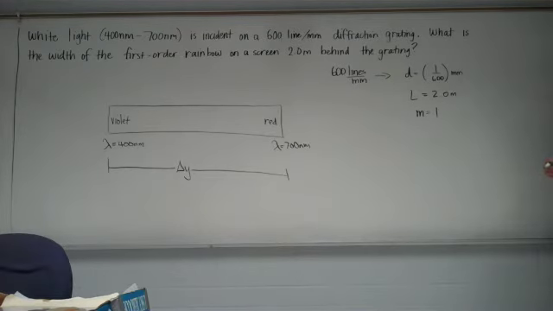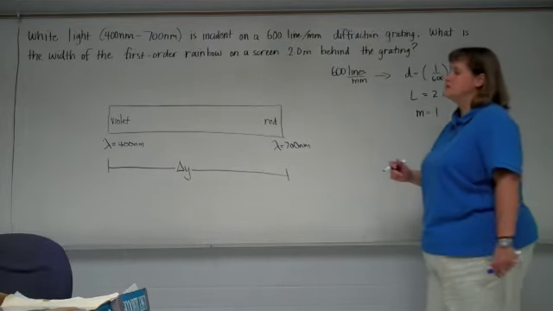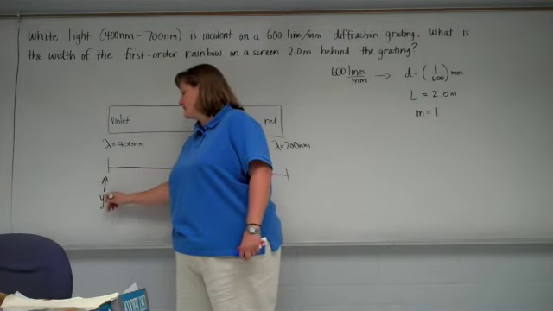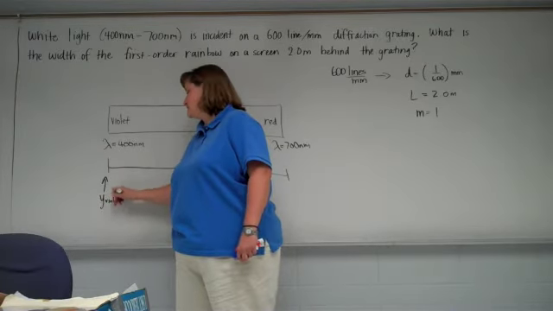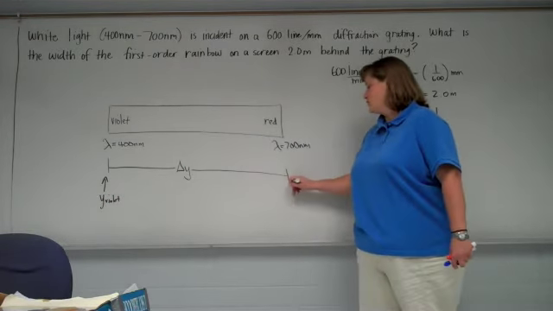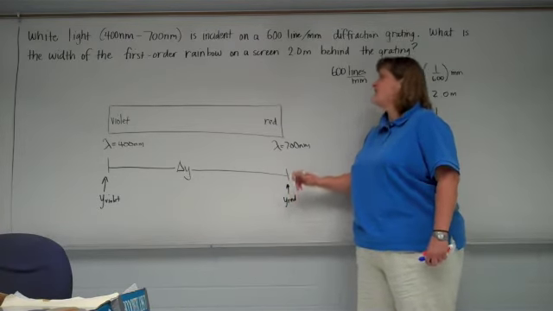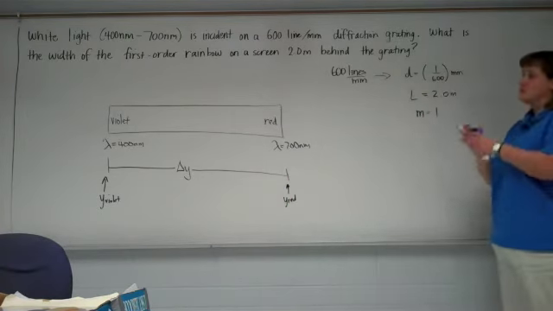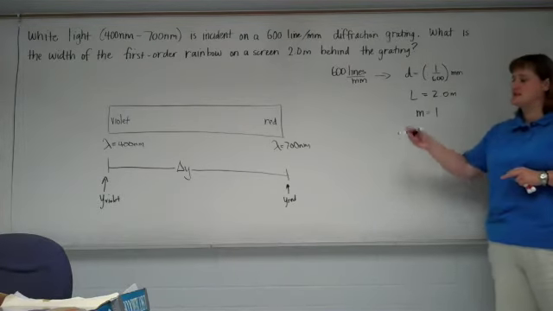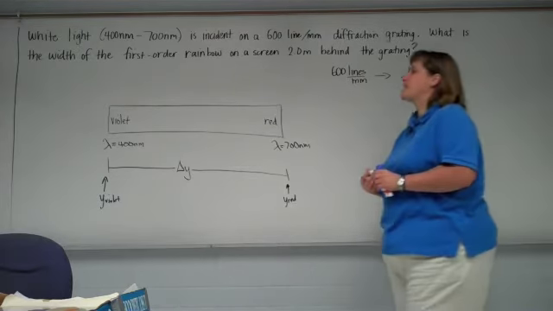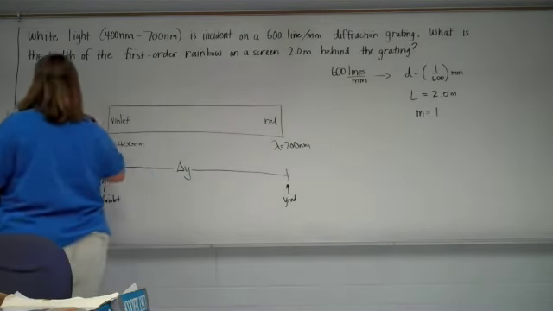Alright, so this will allow us to find y for the violet end, y for the red end, and then to answer the question, what's the width of the first order rainbow, we'll just need to take the difference between those two.